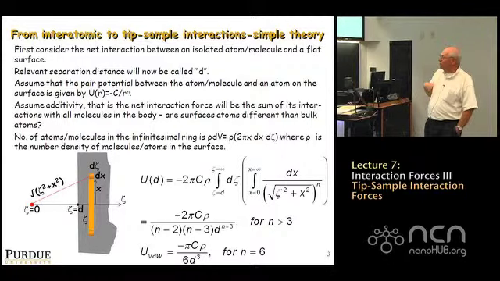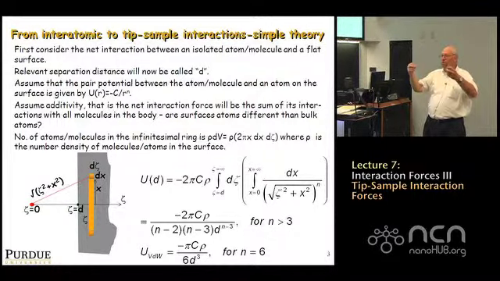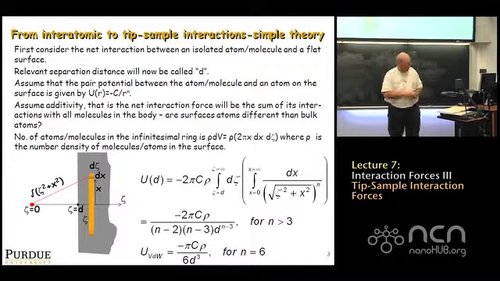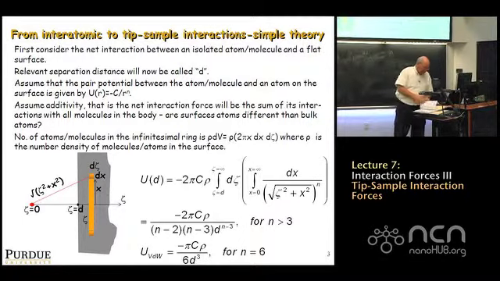Rho is the number density. This quantity 6 is just a result of the integration indicated in the first line of this slide. Okay? So that's how you go from individual interactions between atoms or molecules to one atom interacting with a whole plane of atoms or molecules.